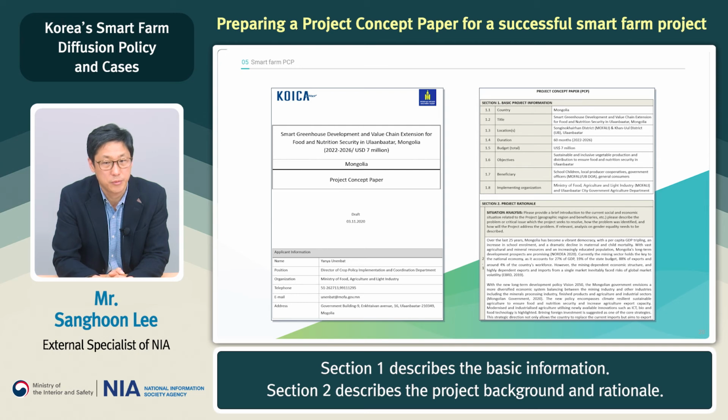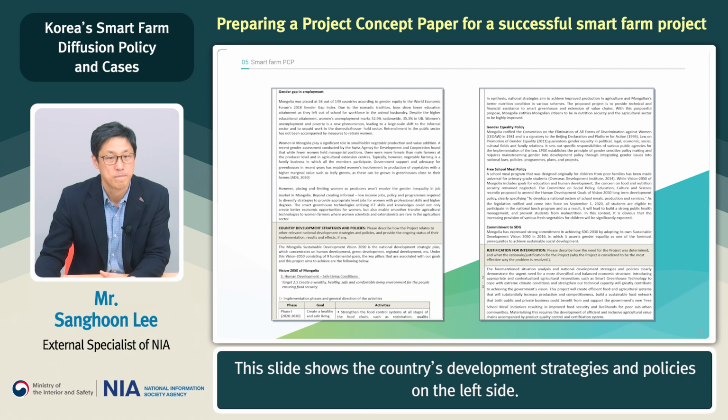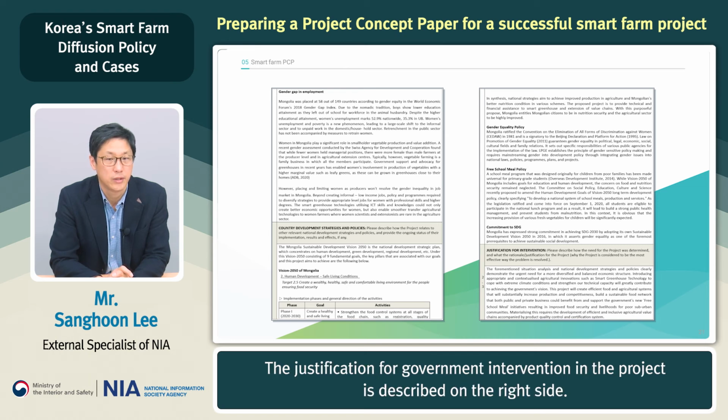Section 1 describes the basic information, and Section 2 describes the project background and rationale. This slide shows the country's development strategies and policies on the left side. The justification for the government intervention in the project is described on the right side.